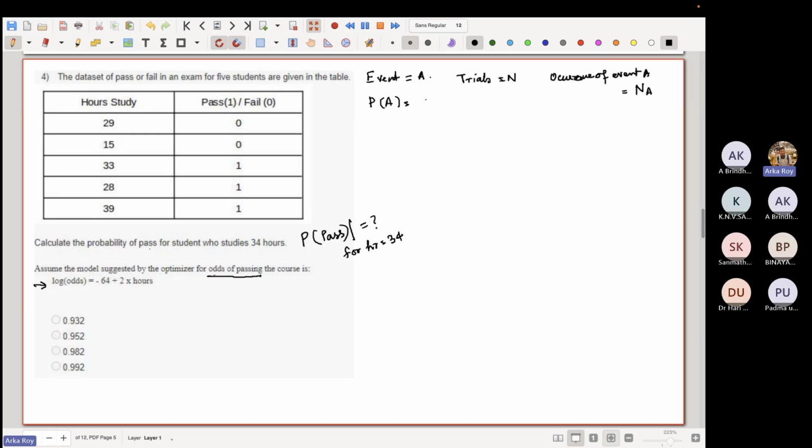So the probability of A is Na divided by N. We all know this notion of probability. Probability of A is, out of all the trials, how many times A occurs.